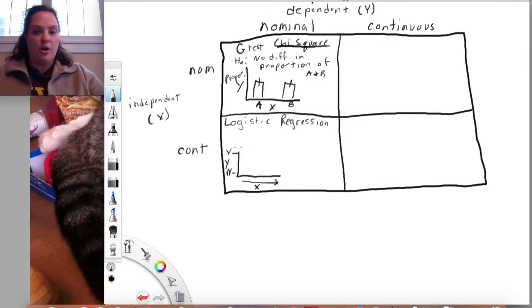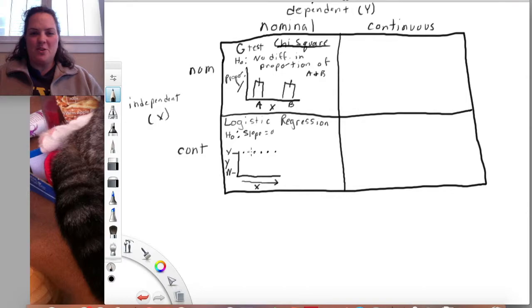So our null hypothesis with this would be that the slope of the line that we fit equals 0. So say we have a lot of points, and we fit a line with a slope equaling 0. I'm sorry, let me take that back really quickly. So with a logistic regression, we're not going to have points in the middle because we either have yes or no answers.